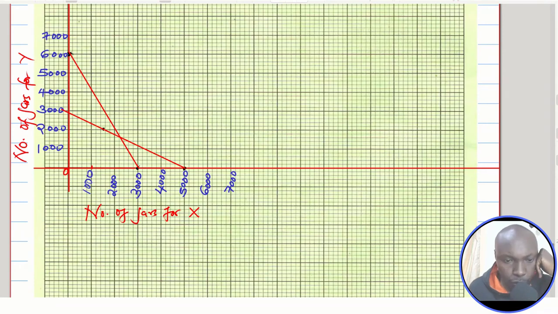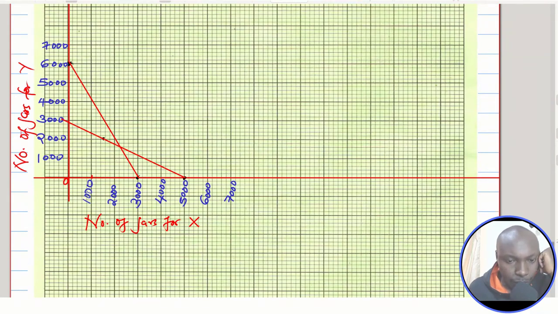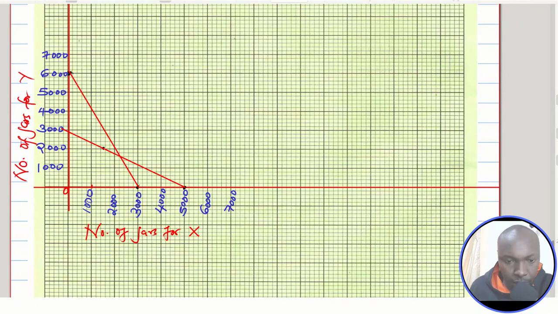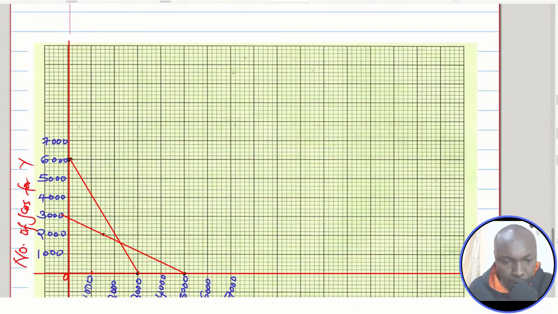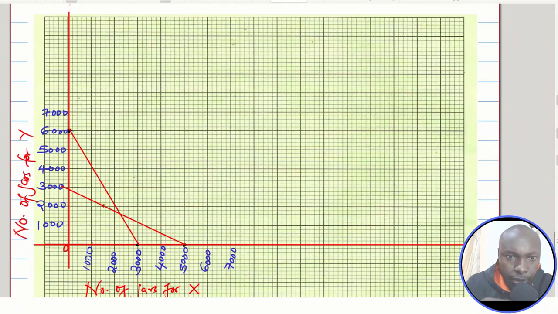Now we have the two lines. You can see them. The first one is 2x plus y less than or equal to 6,000.